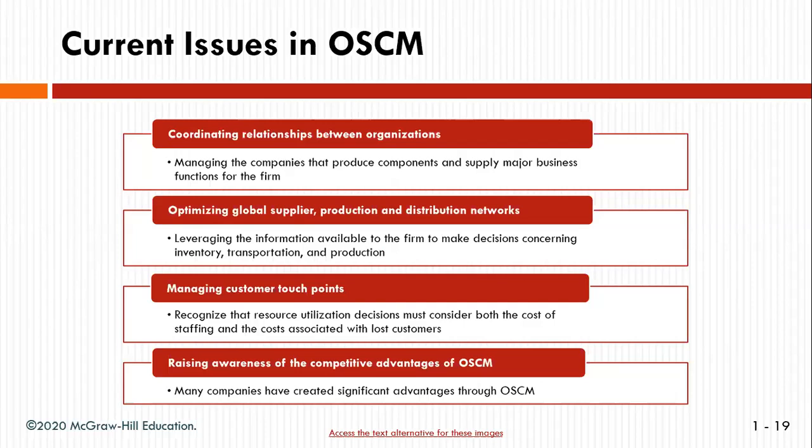Many companies have created significant advantage through operations and supply chain management, like Amazon, one of the top big companies. There are so many of them that don't produce. They are really the middle for the operation and supply chain. They're part of it.